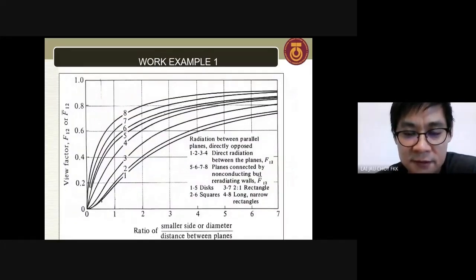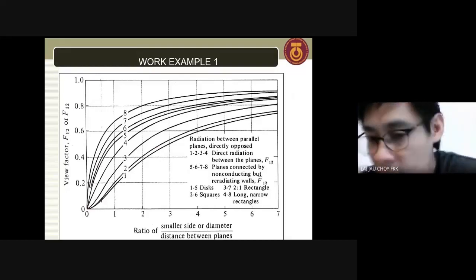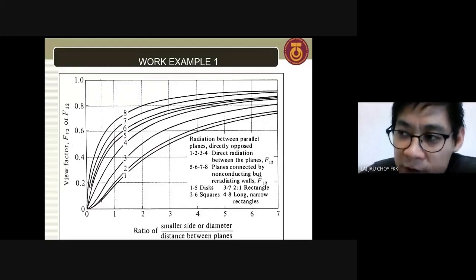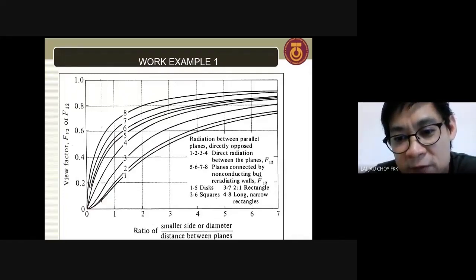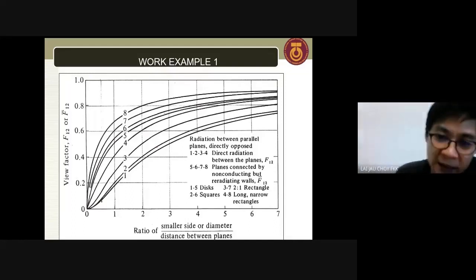Okay, so this is the chart you use. You refer to curve number 4 since it is a long narrow rectangle. I have a question here. What if the dimension of the rectangle is 2.5 times 1? If it is 2.5 times 1, which curve do you need to refer to? Any answer?